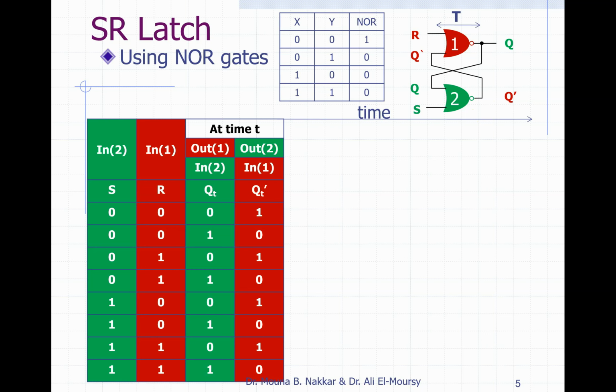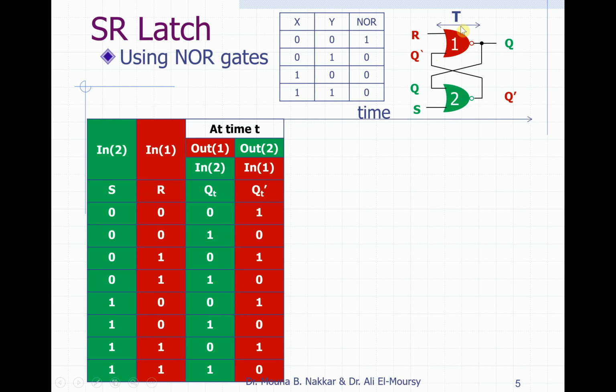However, here we have replaced the inverters that we showed on the board before with NOR gates. The advantage of using NOR gates is that now I have two inputs per gate. One of those inputs is coming from the feedback, which is considered the internal input of the circuit.